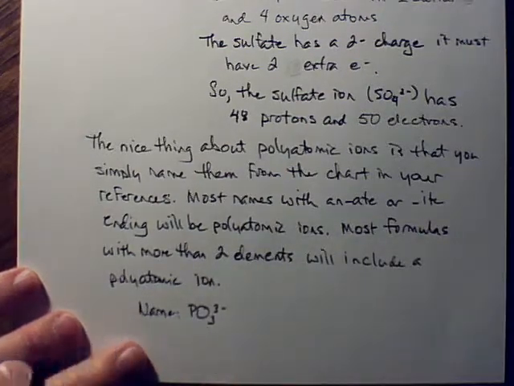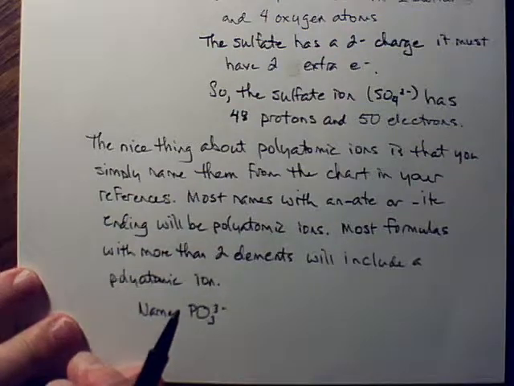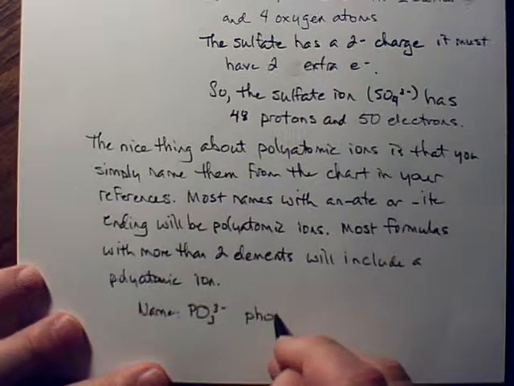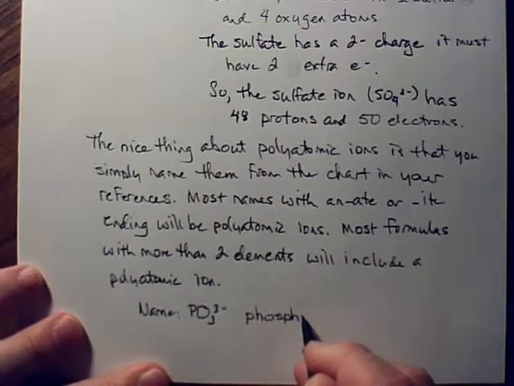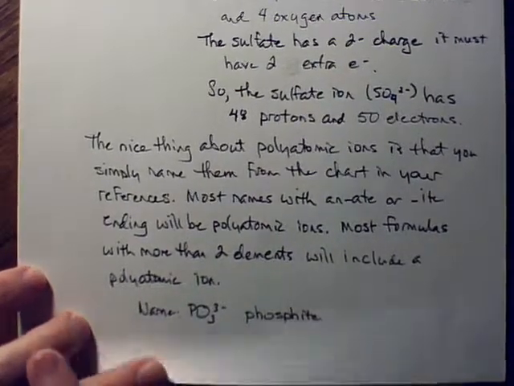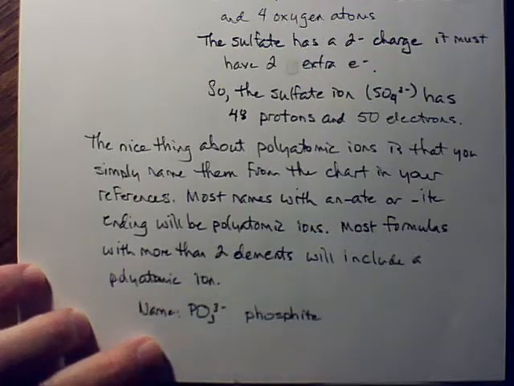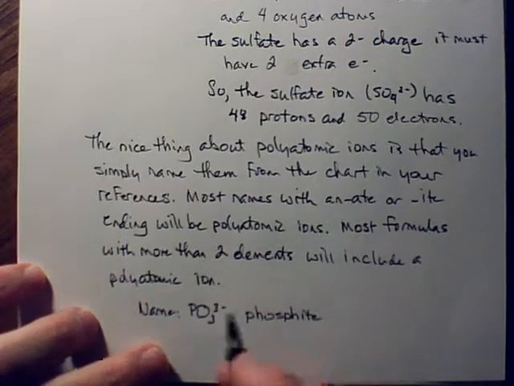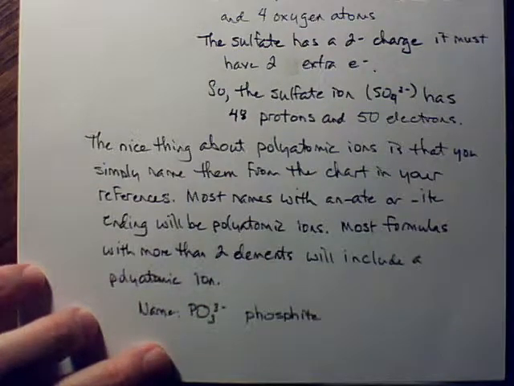Phosphorus and oxygen. What's it called? Phosphite. Okay, it's right in your test references. You just got to find the formula and write the name. Don't make it hard.